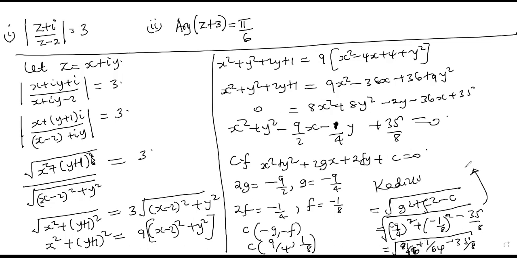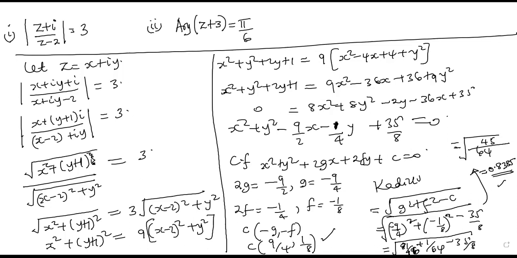The LCM here is 64, so the radius will be the square root of the reduced fraction, which is 0.8385.